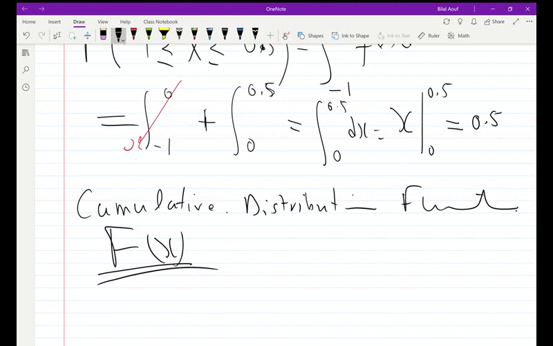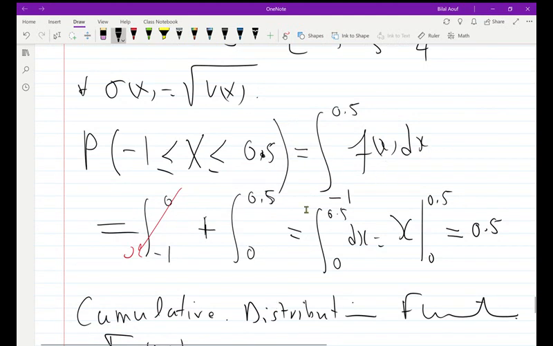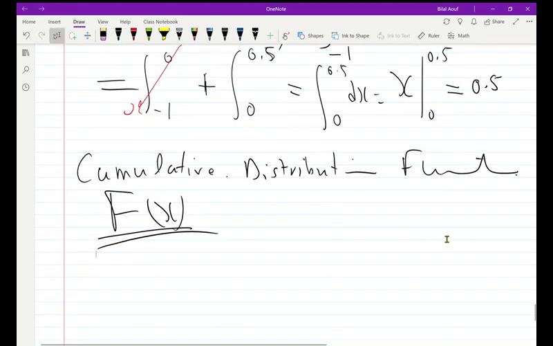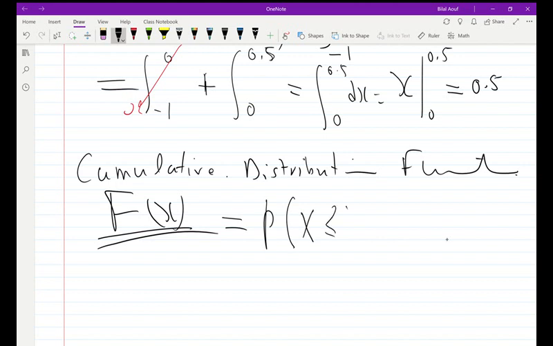Instead of doing the integration each time, the only thing you have to do later on is, for example, find the probability that x is less than or equal to small x. I will show you how to do it in the next video.